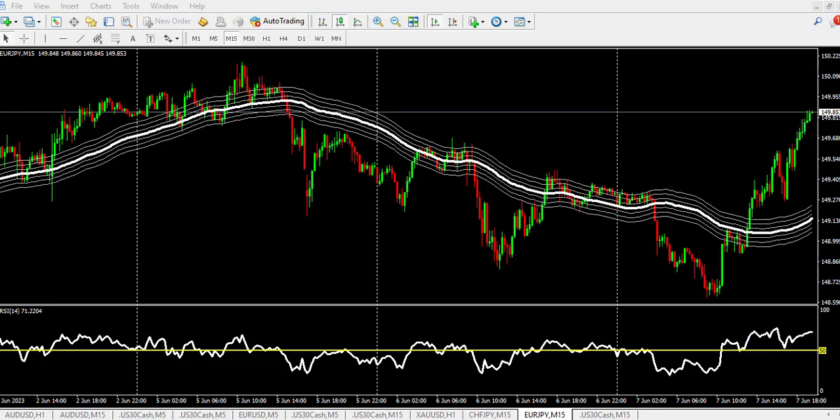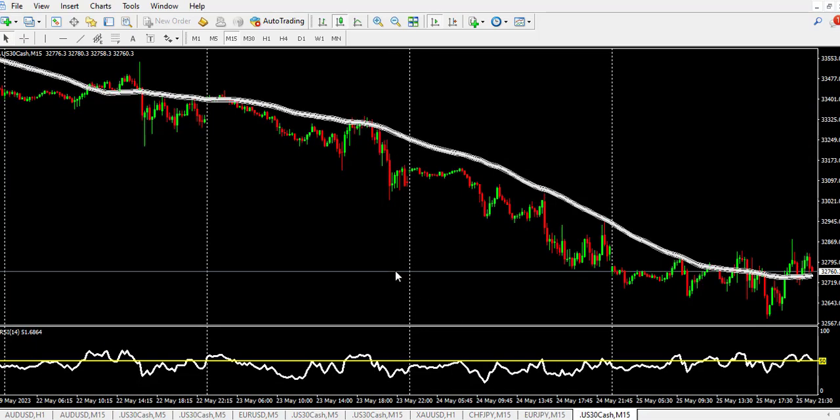This is Euro Japanese yen, and let's check it on US30. Yes, it works on US30 on 15 minutes. We have a good run here also. This closes below the 50 moving averages, close below the moving averages, and the RSI was below 50 level.